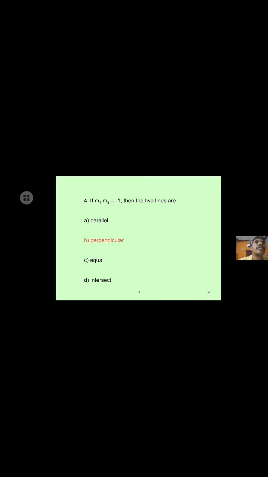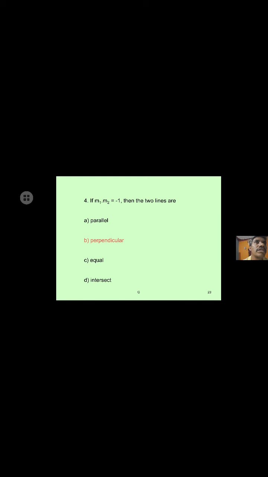So here in the equation of line 1, we can say the slope is minus 3 by 4. In the second line, 4x minus 3y plus 9 equals to 0, if we find minus a by b, that is minus 4 by minus 3, that is 4 by 3. So in the first equation we have minus 3 by 4, and in the second equation we have the slope 4 by 3.